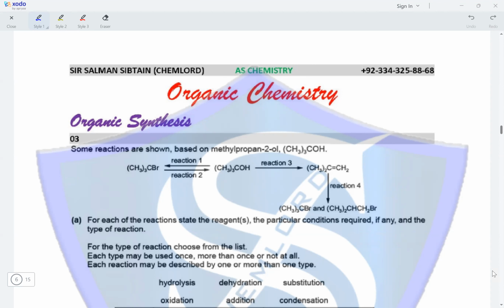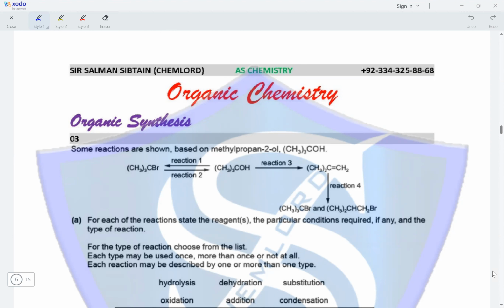In reaction 3, the tertiary alcohol is dehydrated into, oh, not a ketone, an alkene. It is dehydrated into an alkene, and the alkene in reaction 4 is converted into two different bromoalkanes. One is a tertiary bromoalkane, the other is a primary bromoalkane.